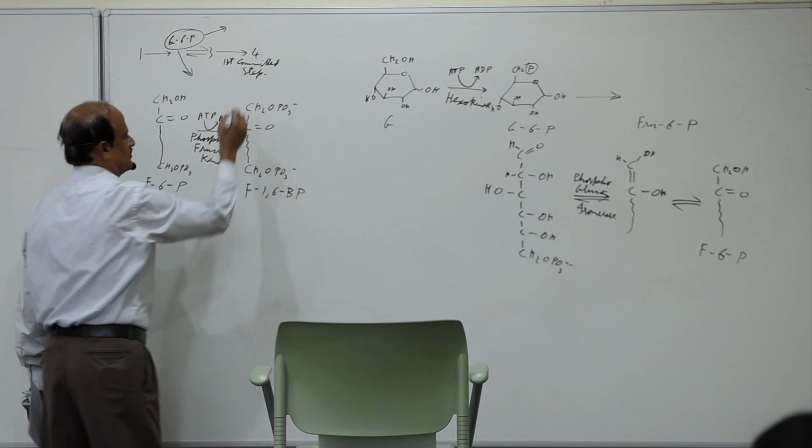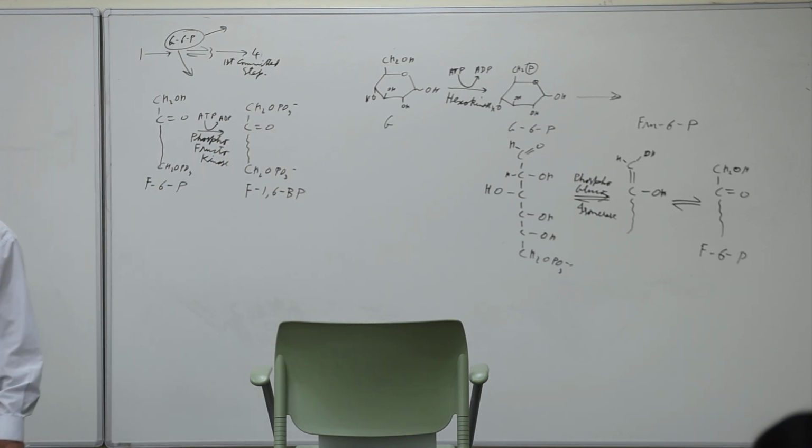And one thing you can expect from the first committed step is that it will be highly regulated, because that's what decides whether glycolysis will happen or not. If the cell needs energy, then only glycolysis will happen. If not, it will not happen. So what decides that? Regulation of this enzyme. So this is the enzyme that is highly regulated by the various methods we saw, mostly by allosteric regulation, that means feedback inhibition.